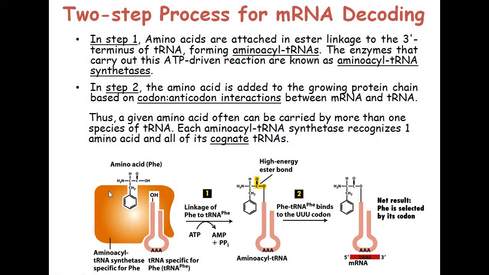If we look at the picture, this box shape is the enzyme, the aminoacyl tRNA synthetase, and this is the amino acid and this is the tRNA. Now, amino acids are attached in the ester linkage to the 3' terminus of the tRNA, forming the aminoacyl tRNA.